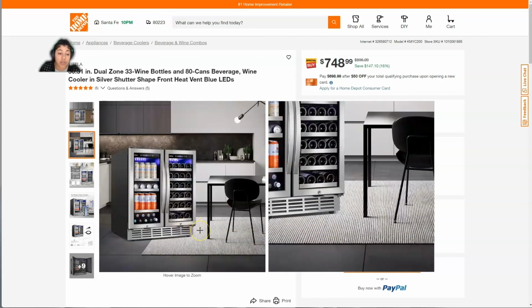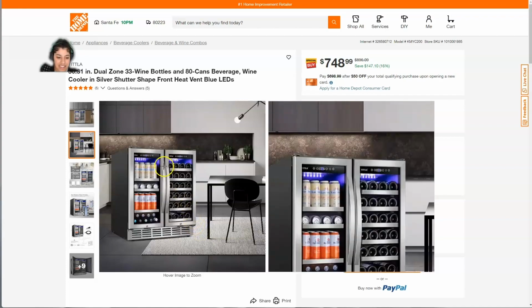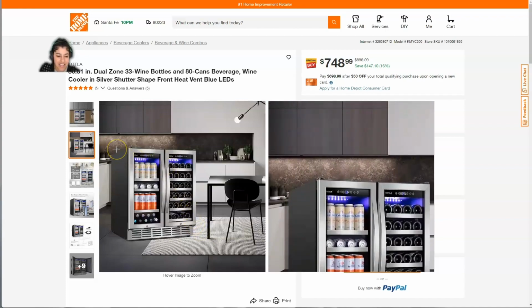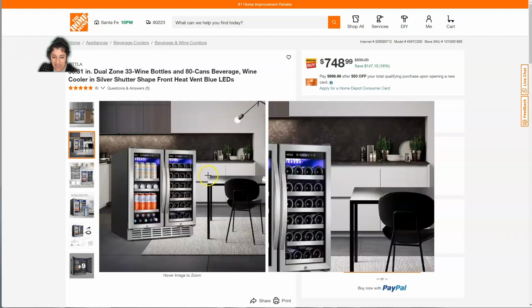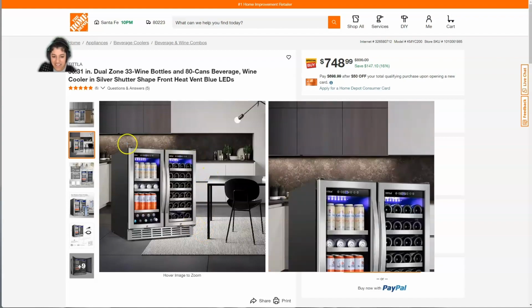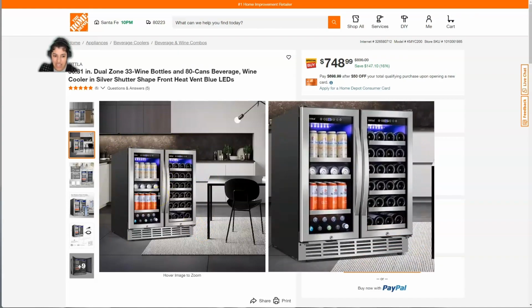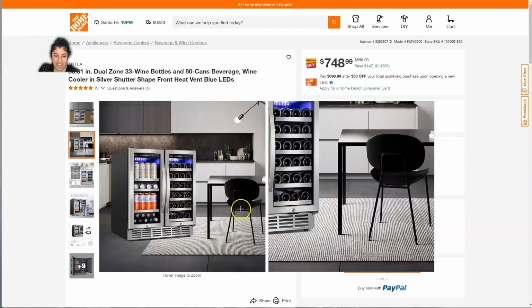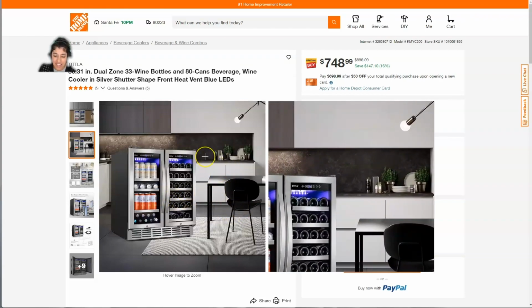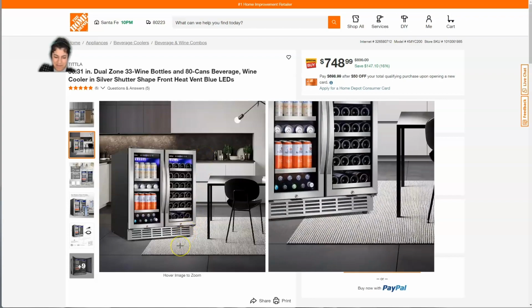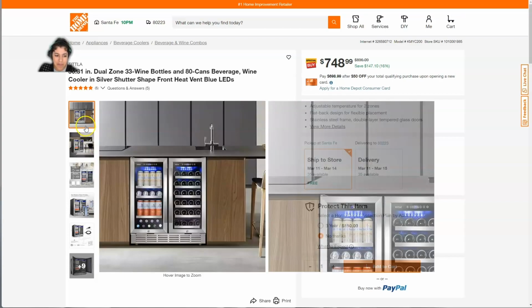Like, I don't understand what's going on in this one, the idea of scale is not very clear here. They have it next to this table, and based on the scale that they chose, it makes it seem like this fridge is bigger than the average table, even taller than the countertops, and takes up quite a bit of space.